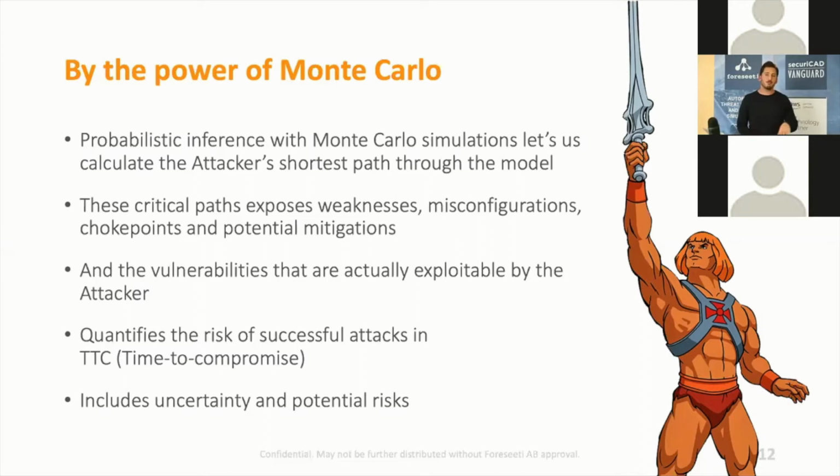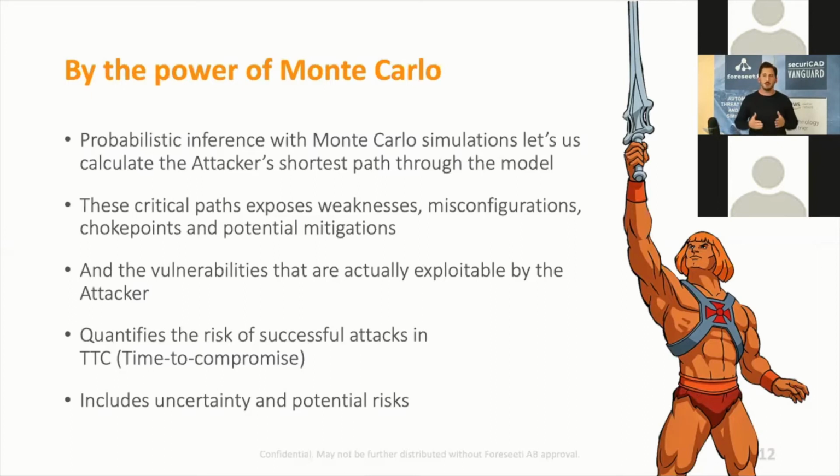So typically from the outside to our high value assets, but it can also be an insider trying to get to high value assets as well. With the simulations, we can find the shortest path through this complex graph. And these shortest paths, or critical paths as we call them, will then expose the weaknesses, your misconfigurations and choke points in your environment.